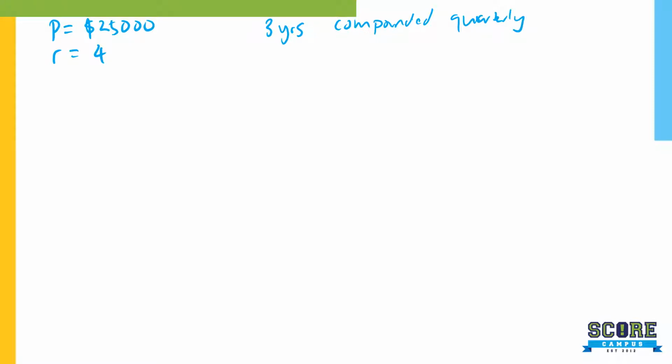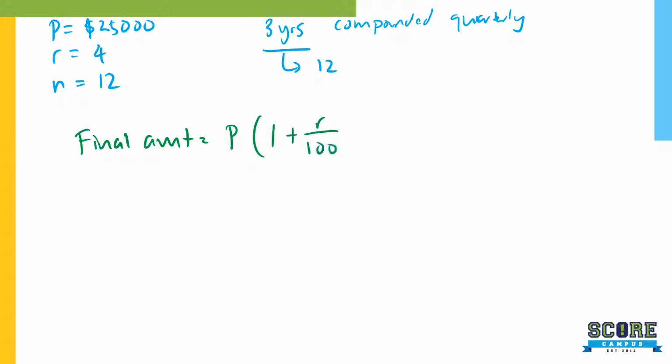So what this means is that in these 3 years, it will be compounded a total of 12 times. So n equals 12. Now how much does he need to return in total? You know that the final amount again equals P(1 + R/100) to the power of n, which equals 25,000 times (1 + 4/100) to the power of 12.